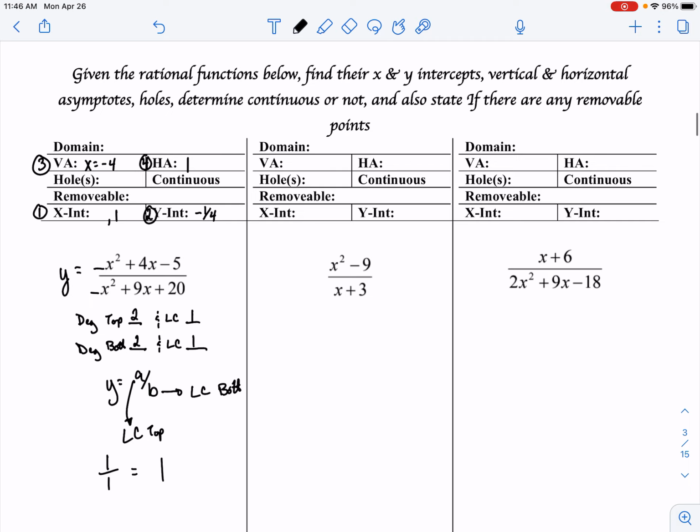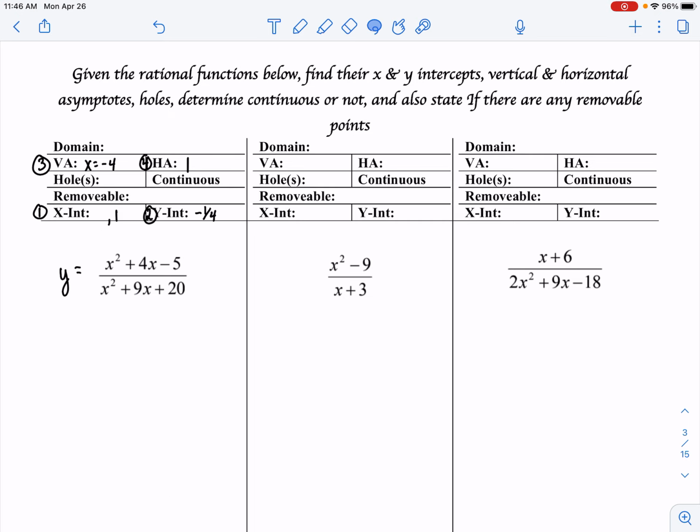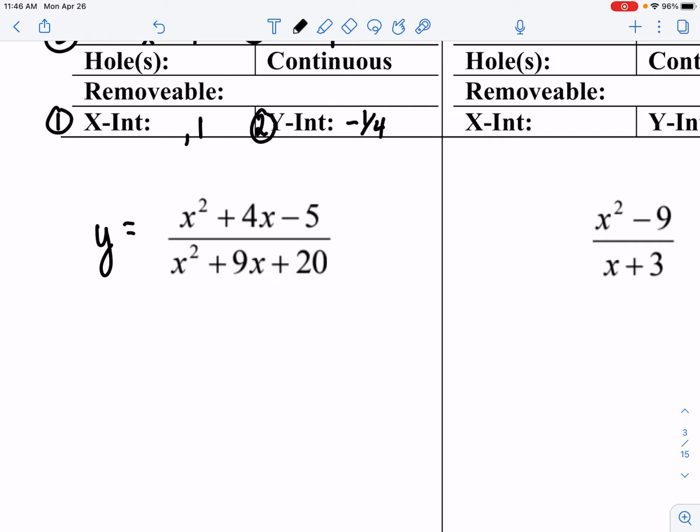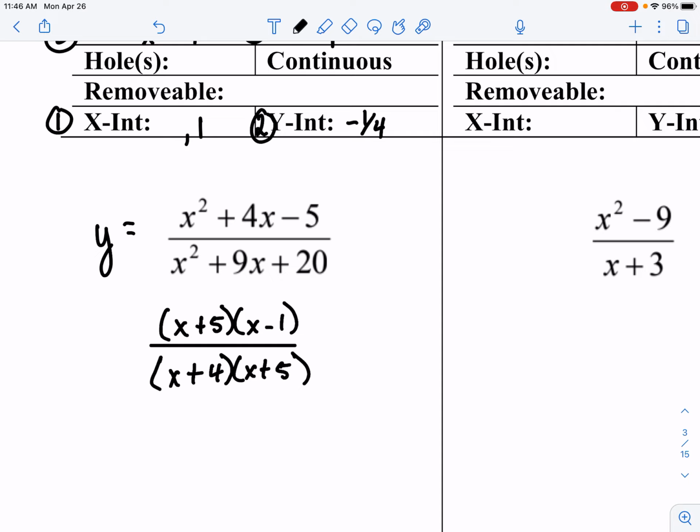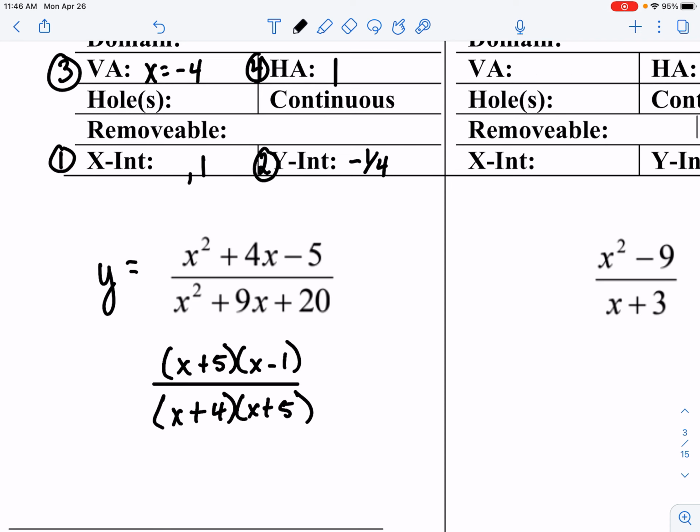So continuing on, the one example I've been working through in these last few videos, let's try and factor the top, factor the bottom. So it'll be x plus 5, x minus 1, all over x plus 4, and then x plus 5. Do I have any common factors? If I do, I'm going to have a hole.